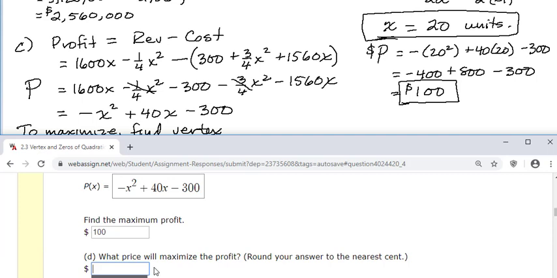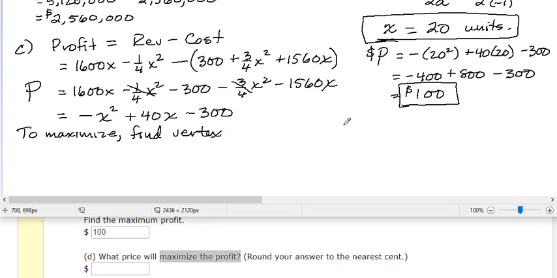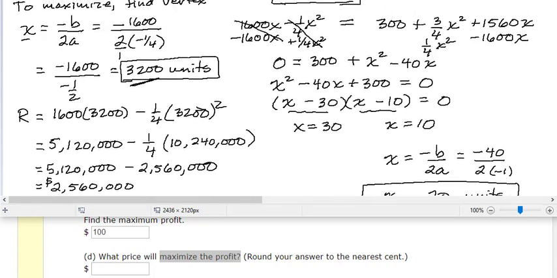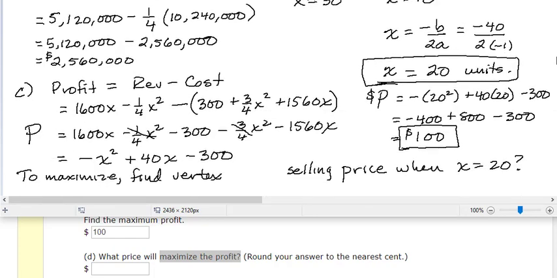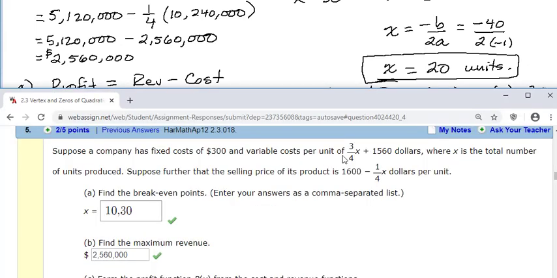And then last, what price will maximize the profit? So I want to go to where did the maximum profit happen? At 20. So what was the price? And they mean selling price when x is 20 units. Well, I need to figure out how I would find the price if what I know is the number of units. And I erased it. So let's go to your problem. Fixed costs of 300, variable costs, x is the total, there it is.